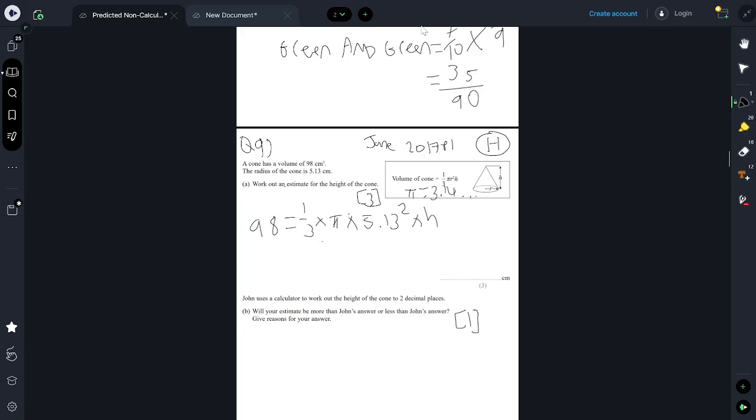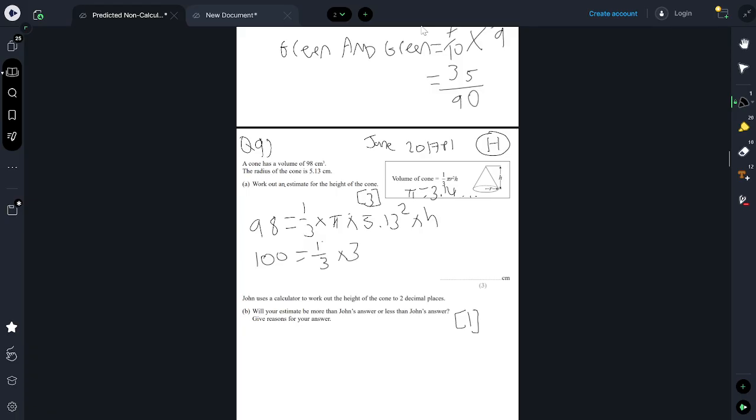Okay, so we need to approximate these values with sensible values. 98 is quite close to 100, I think 100 is a good guess. Now a third, just leave it there for now, that's a definite number. Pi, again 3.14, I think it makes sense to round to 3.